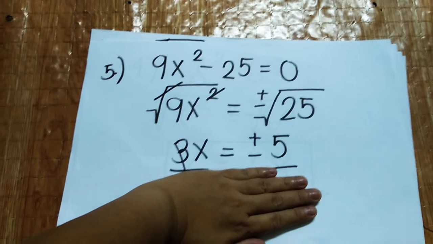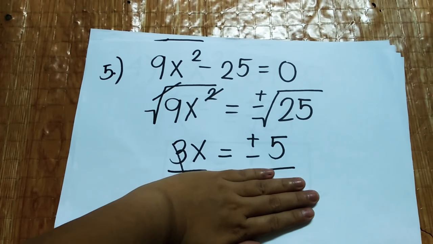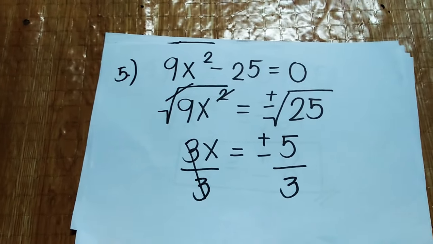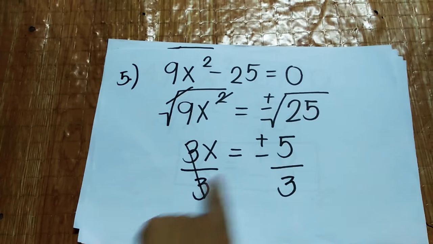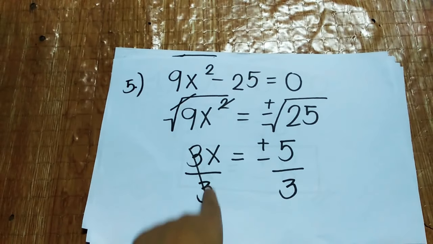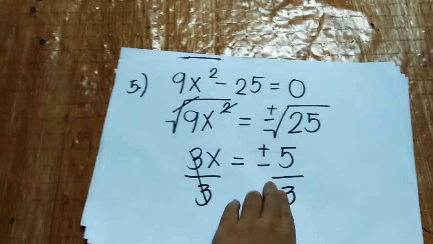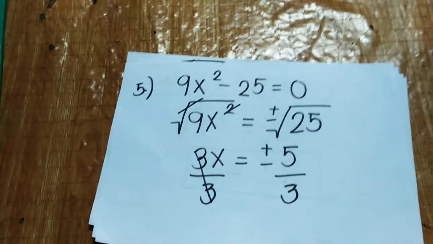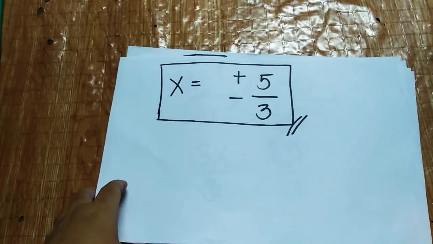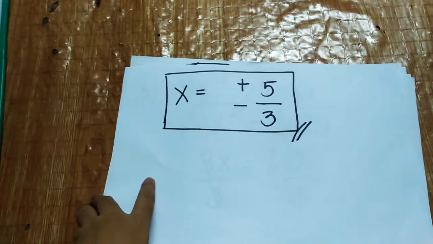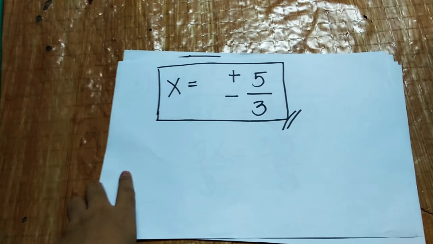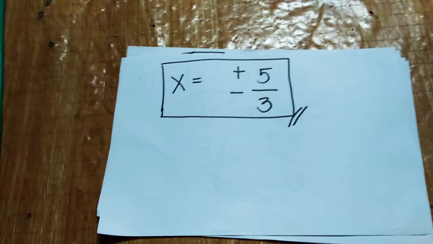Kaya, i-divide natin both side by 3 para maging 1 lang siya at matira si x. So, i-divide mo to sa 3, both side. Then, 3 divided by 3, 1 na lang. So, cancel na. And then, ito na yung answer natin. X is equal to positive and negative 5 over 3. Okay? So, ganun lang kasimple.